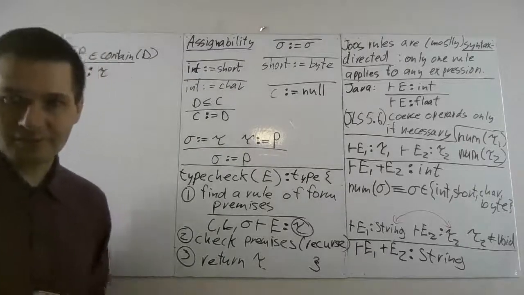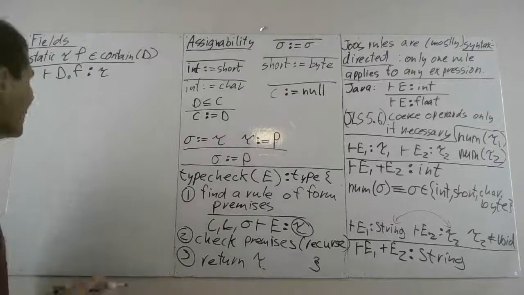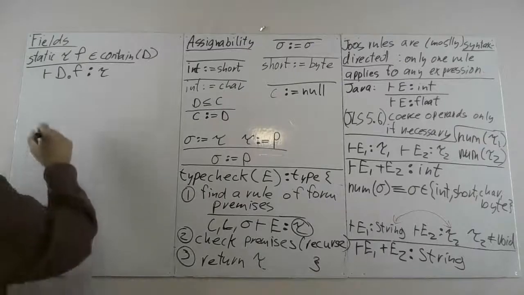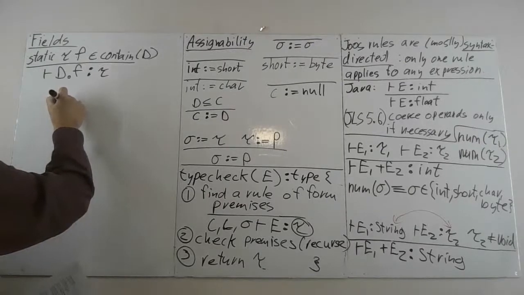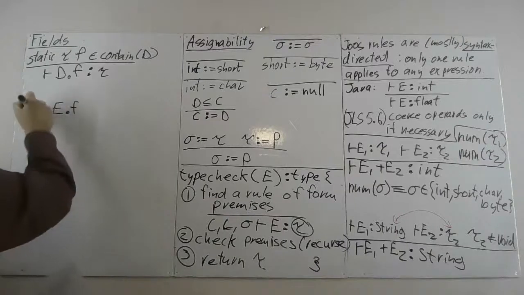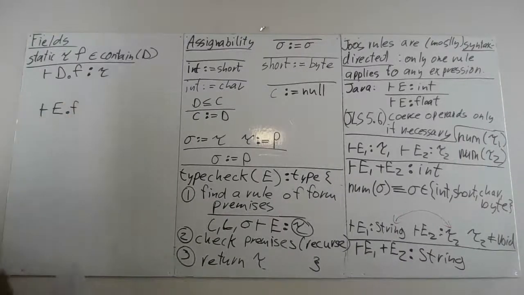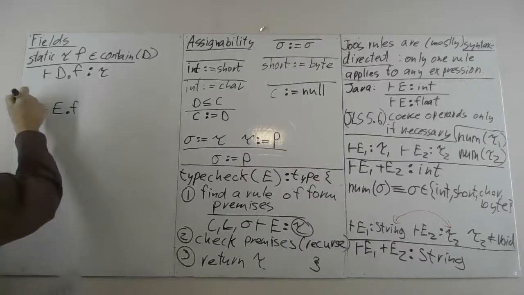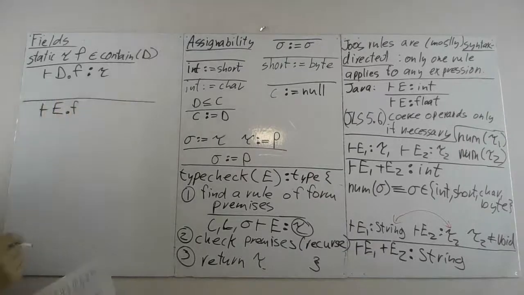If there's questions, stop me. But now, what if we read an instance field? That's going to look like e.f, where e is some expression, and we want to know the type that we get by reading field f.